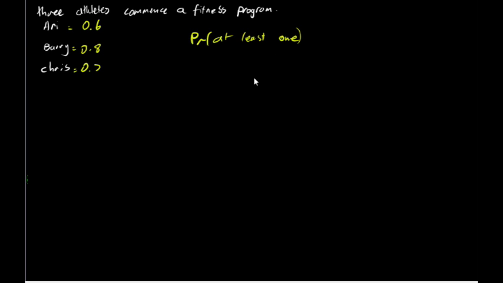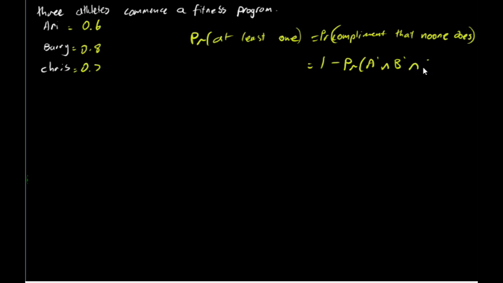So the probability of at least one person is the complement of the event that no one sticks to it. So the complement of no one sticks to the program is 1 minus the probability of A dash, B dash, C dash.